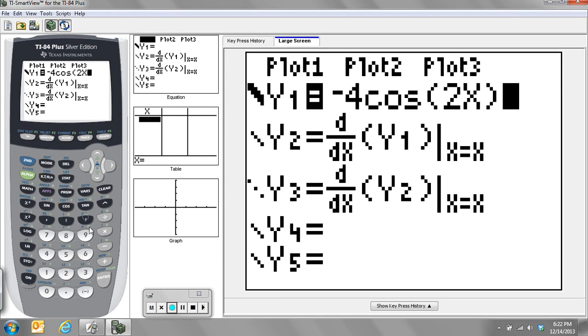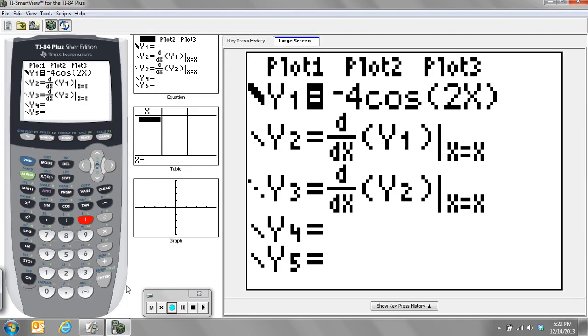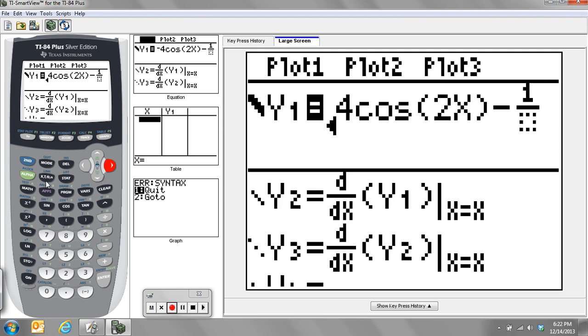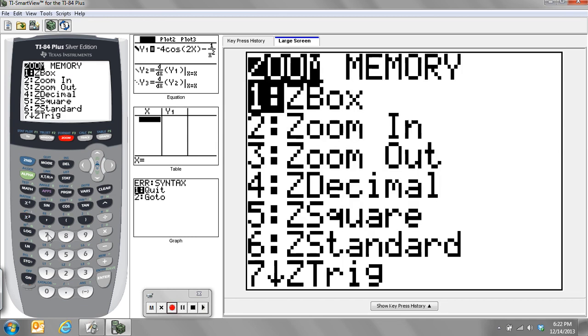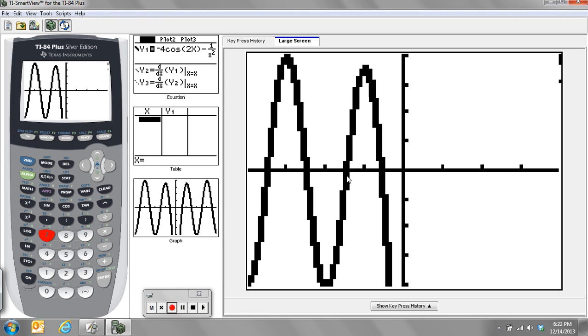Very seldom will this happen, but if it does, it's best to do it by hand and then graph. Minus 1 over x squared. And now that I am going to graph this, again, zoom 7, because I have some part trig, you're going to see it now graph.